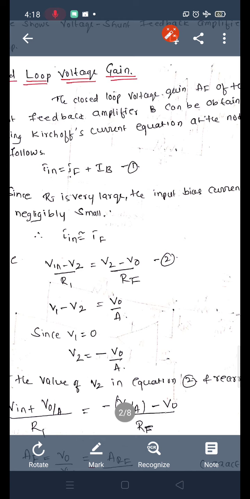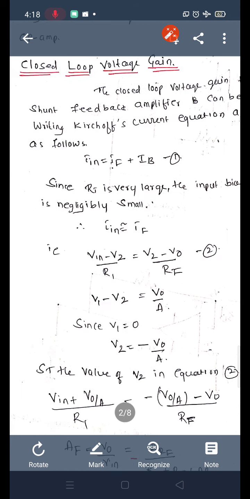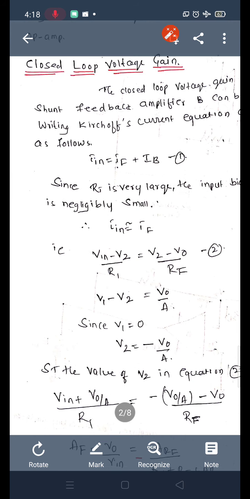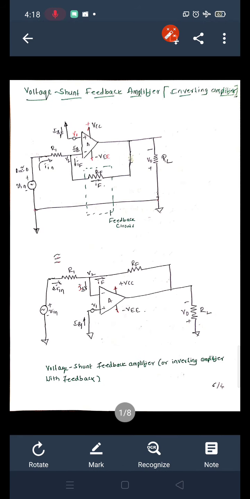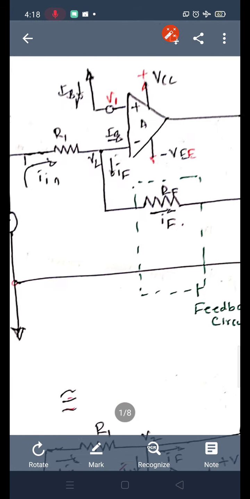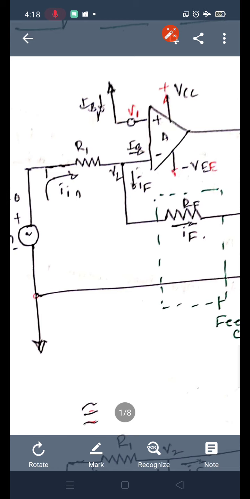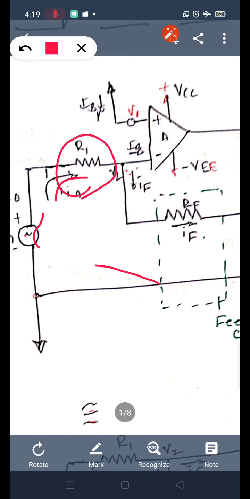Now, looking back into the figure, what is our input current? The input current is equal to Vin minus V2 divided by R1.